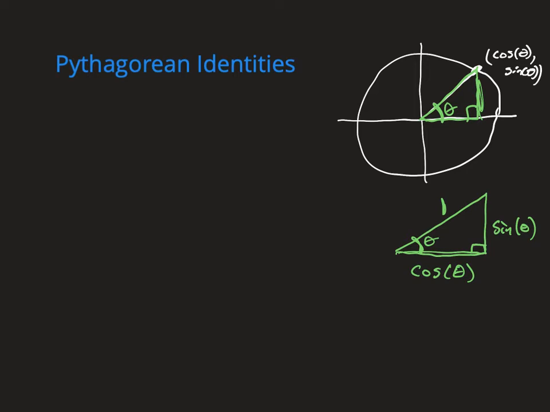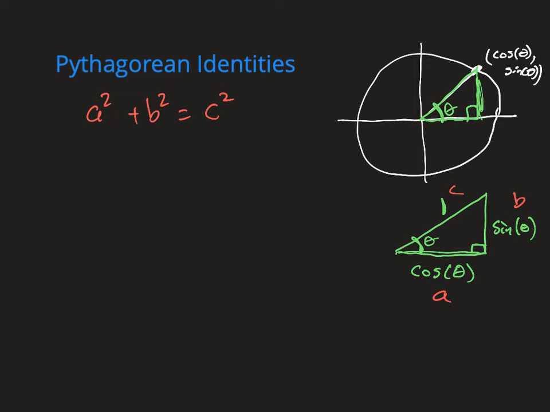And now we can think of this in terms of a Pythagorean relationship. If I consider this cosine theta, this base here, just as labeled A, and this vertical leg, sine theta, labeled B, and the hypotenuse labeled C, we know that A squared plus B squared equals C squared. Our geometry teachers drilled that into our heads. Well, I'm just going to replace the A, B, and C with the green values that we have written on our triangle.